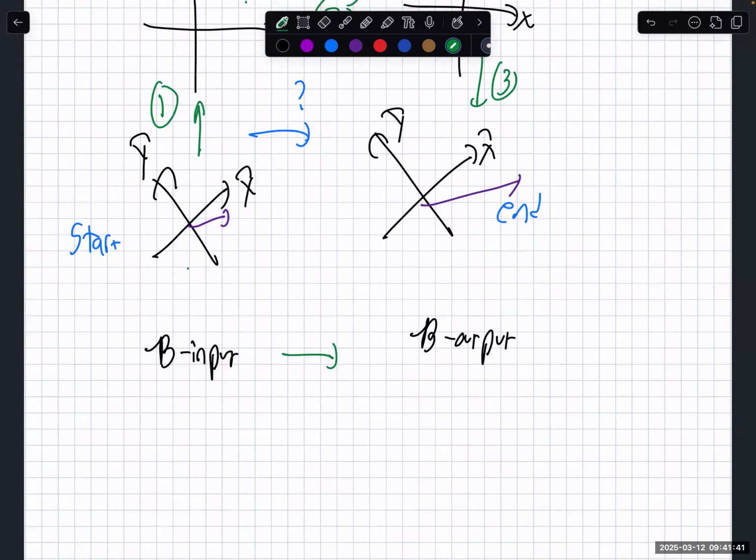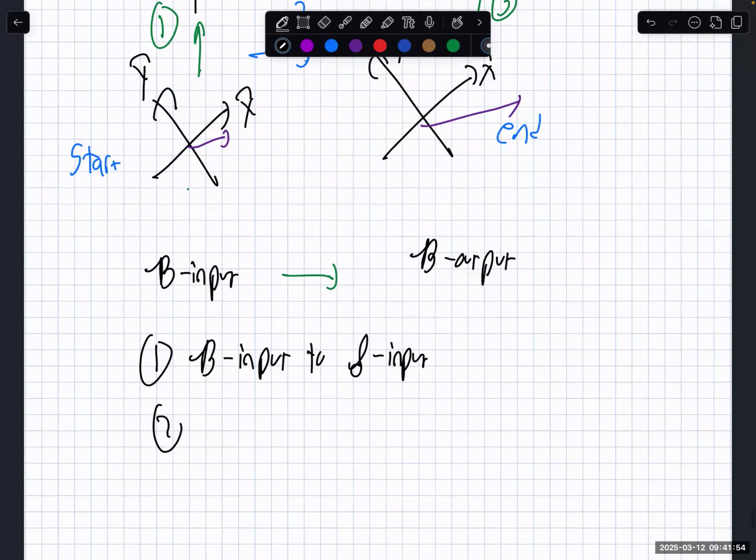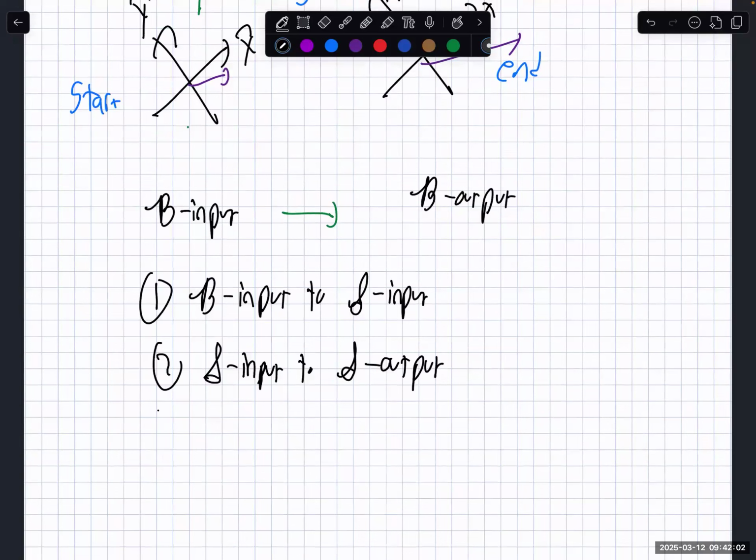So what I want to do is B input to B output. Step 1, go from B input to S input. Step 2, let's go from S input to S output. Then convert that S output to a B output.